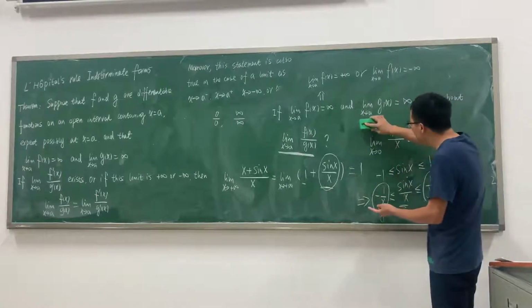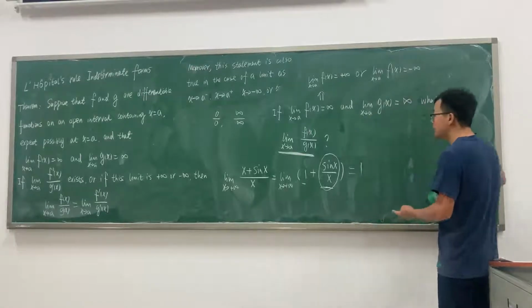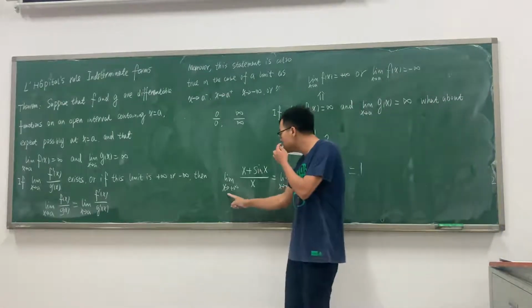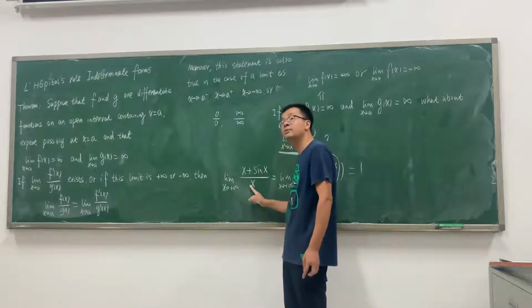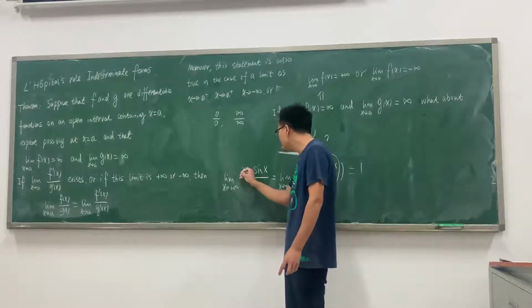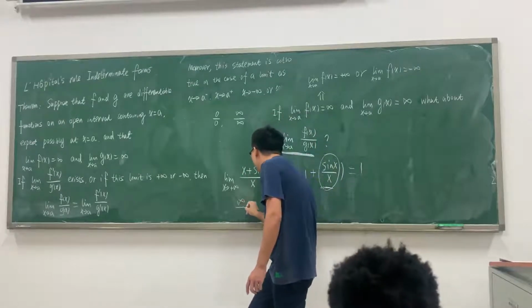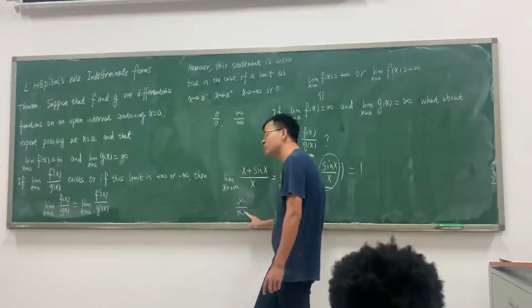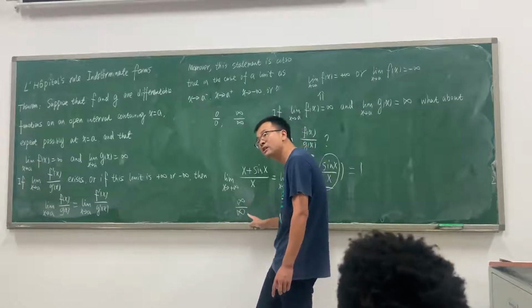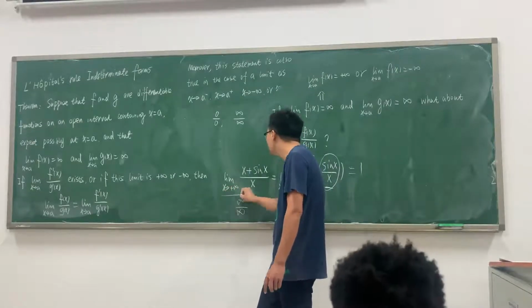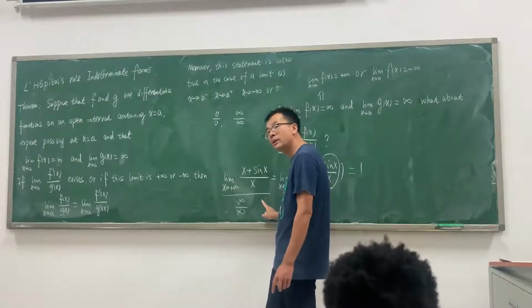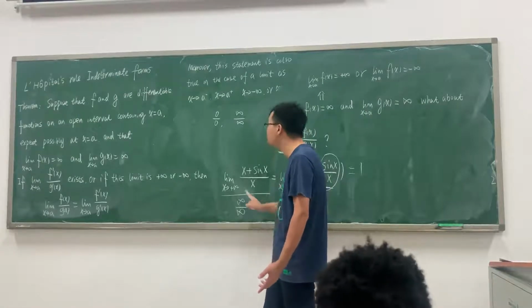But now we can see this one. Here x approaches plus infinity, the numerator approaches plus infinity, and the denominator also approaches plus infinity. So here is an indeterminate form, infinity by infinity, so we can use the L'Hopital's rule.